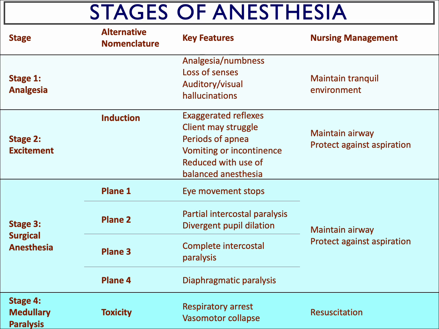And what is problematic is when you get too deep into anesthesia, with the level of toxicity leading to respiratory arrest or vasomotor collapse, where you really need to look at resuscitating a patient, and hopefully you don't get to that level. So typically in most anesthesia settings now, at least where we're talking about more significant anesthesia, we'll do BIS monitoring or some other monitoring that would let you know how deep you are in anesthesia a little better than in the days before that kind of monitoring was available.